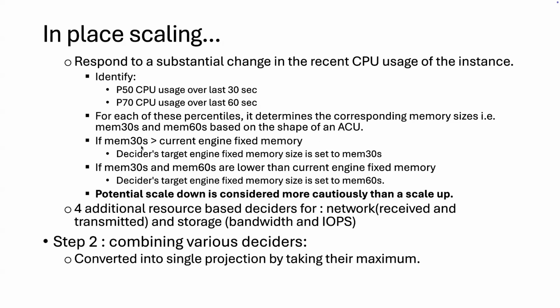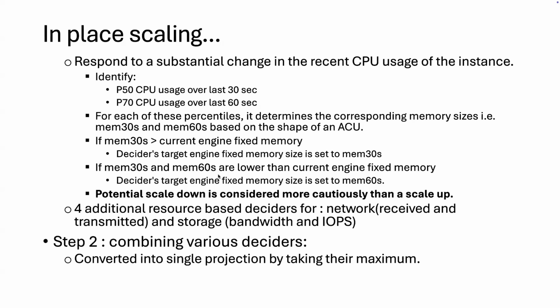If mem 30 second is greater than the current engine fixed memory, this condition says that our usage is increasing: whatever I needed in the last minute, I need to use more. In that case, the deciders' target memory is set to mem 30 second. And if both 30 and 60 seconds are lower than the current engine fixed memory, the target engine fixed memory size is set to the 60 second value.